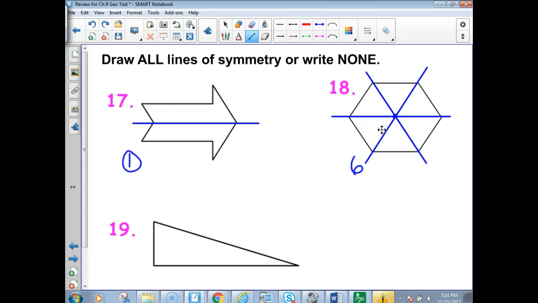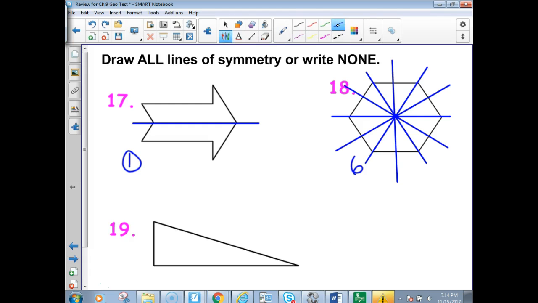But what other way can I go? Straight down the middle, okay. And then in the middle of this. Okay, and then the middle of that one. So now I did 3 more, and now it looks like there's a bunch of them, but it's only 6. And number 19, we're going to write none. Yep, there aren't any.